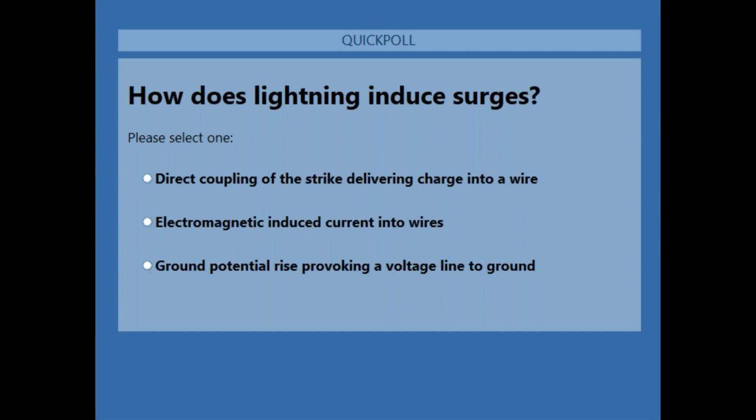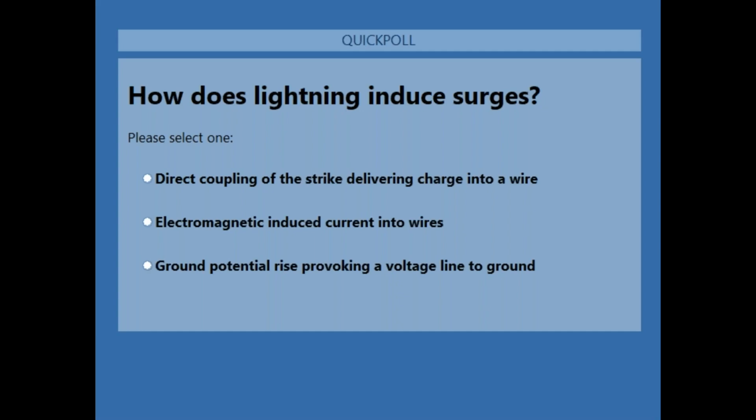Is it the electromagnetic induced current into the wire? Is it mostly the ground potential rise provoking a voltage from line to ground? And then that is what's inducing the surges.